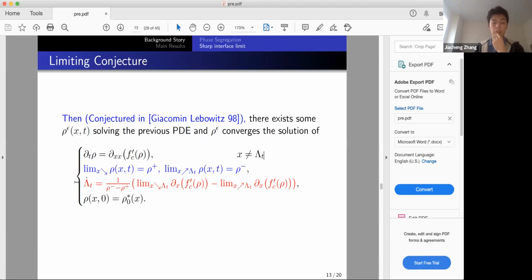And also, the most important thing is the movement of this lambda t, in the sense that the time derivative of lambda t will be determined by basically the change of the chemical potential, which means this Fc dot of rho near the interface, to the left and to the right.